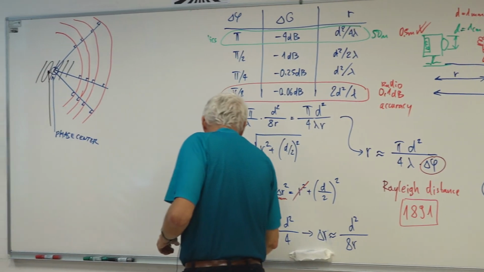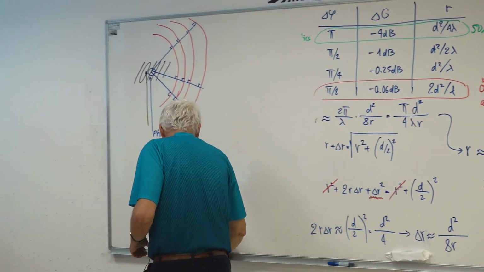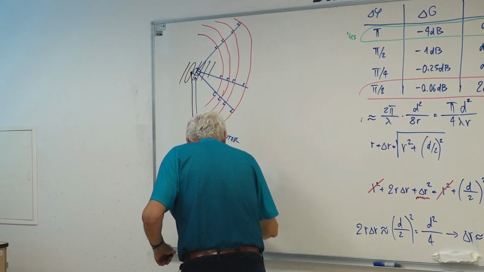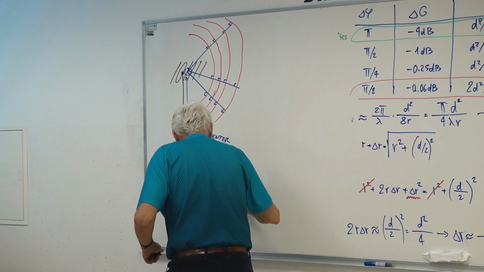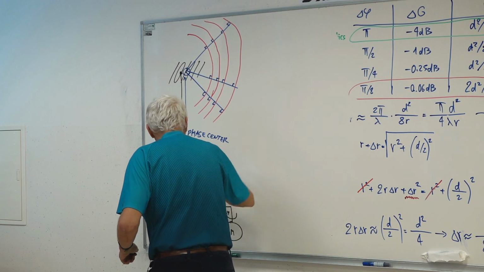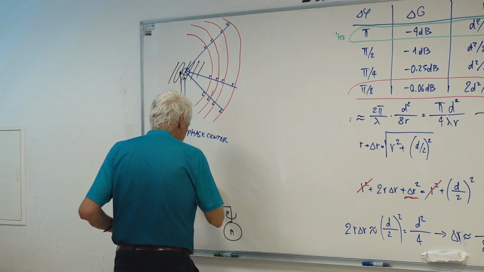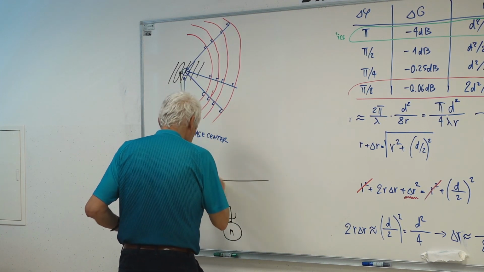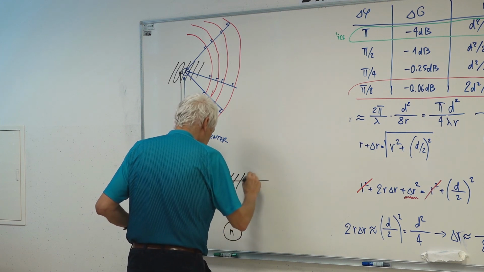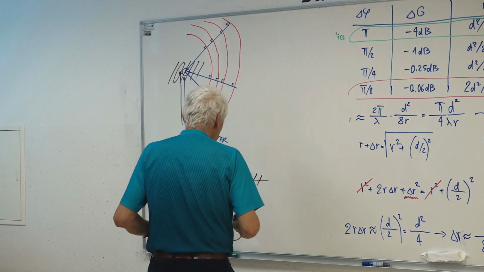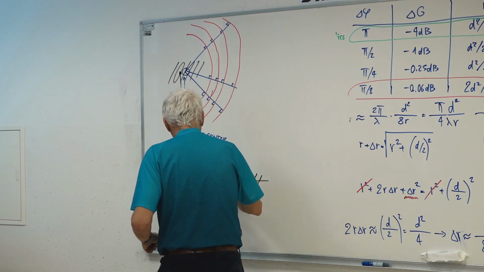What do I actually do then? I put my antenna on one position, on a motor that is going to turn everything around. I put my antenna under test here, and I connect the transmitter here.